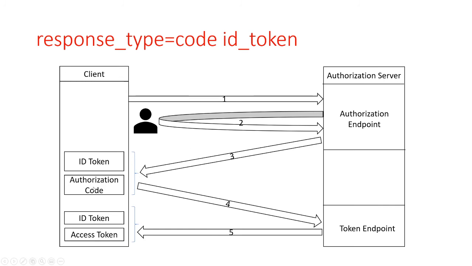Now, since it has a code, it doesn't have the access token to access the resource that it wants. It has the authorization code. It will make another call to the token endpoint to exchange that code for the access token. Let's see how it works in Postman.